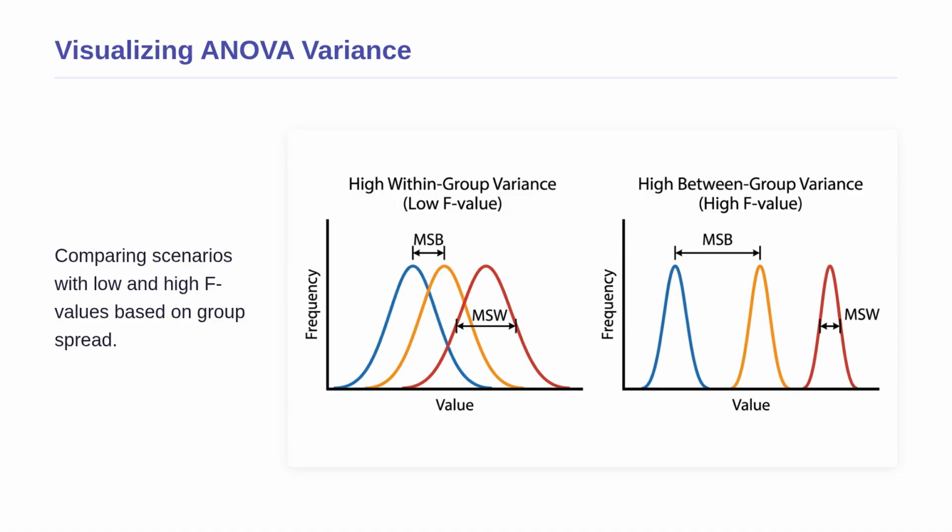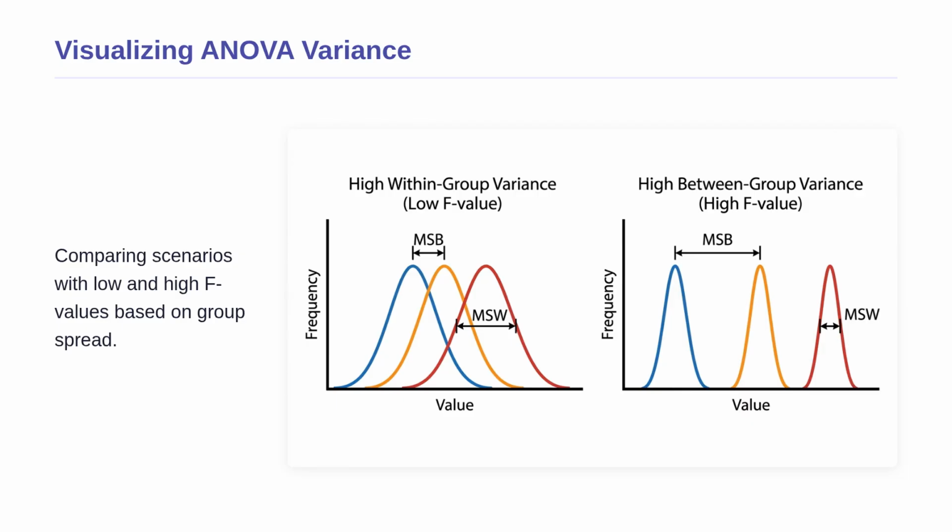To truly cement this concept, let us look at a visual representation of how ANOVA compares variances. On the screen, you see two different scenarios. On the left, we have a situation with high within-group variance. Notice how wide the individual bell curves are. Because they are so wide, they overlap heavily.